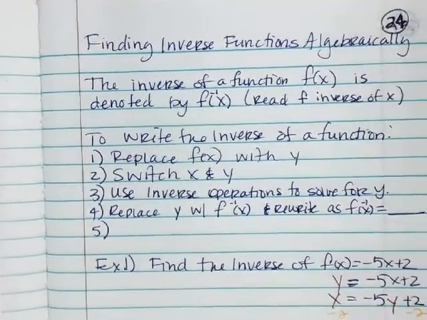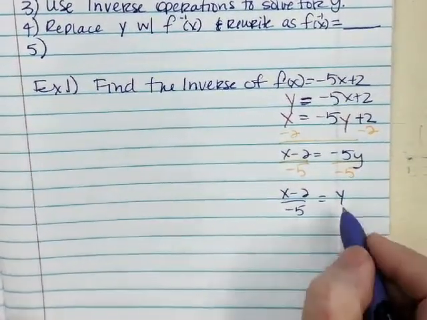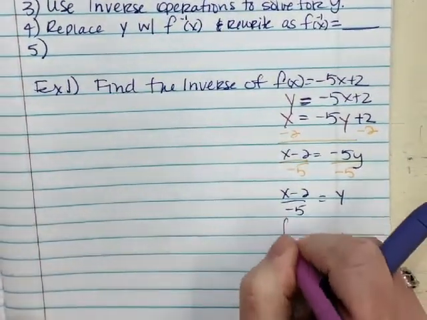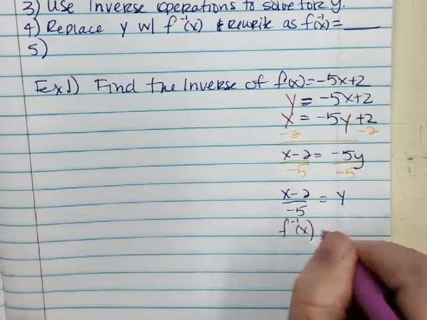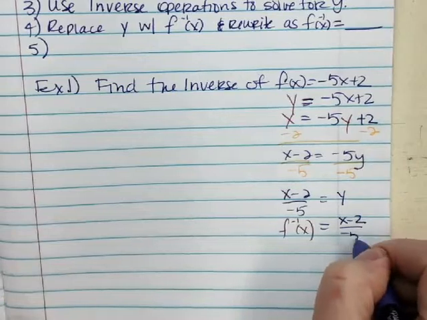So I'm going to do that. That becomes f inverse of x, and it's going to be equal to x minus 2 over -5.